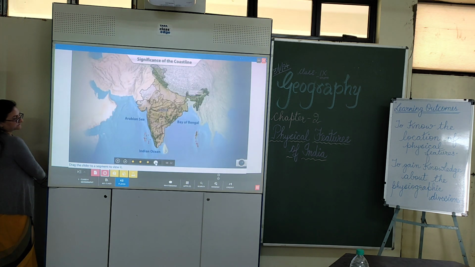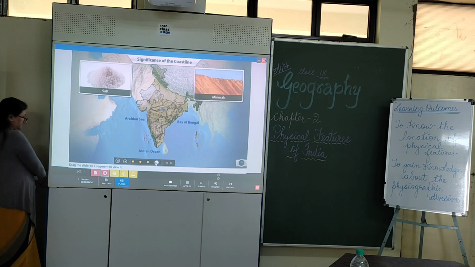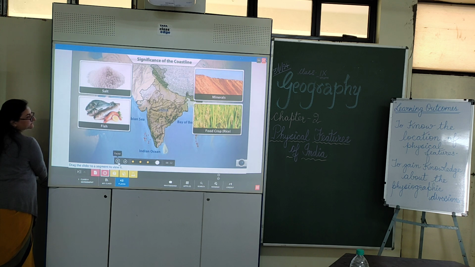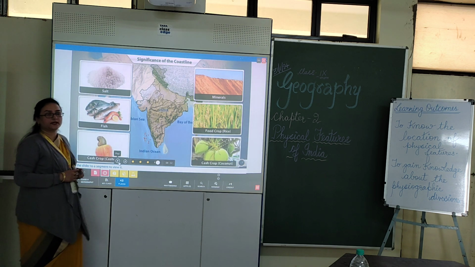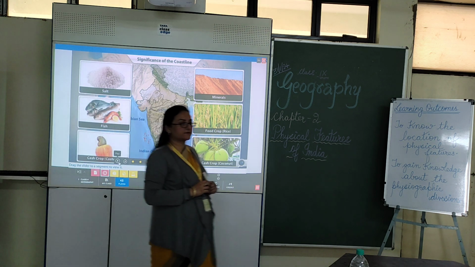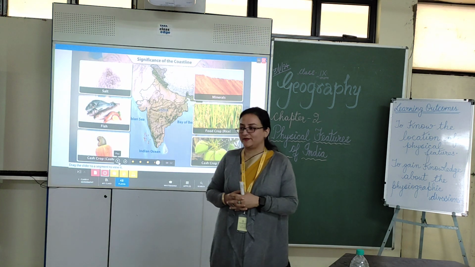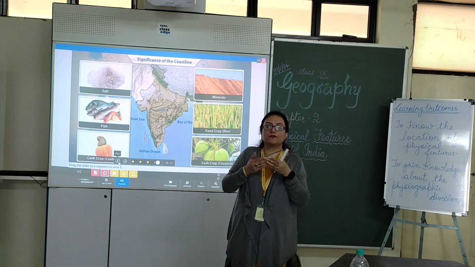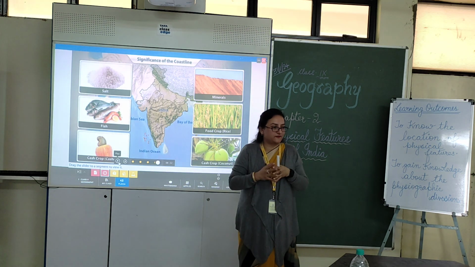The coastal plains are an important source of salt, minerals such as iron ore, fish, food crops, and cash crops. So here we see that each and every physiographic division is very, very important for the economy. Isn't it? If you go to the mountains, there you will find the tourism industry flourishing.